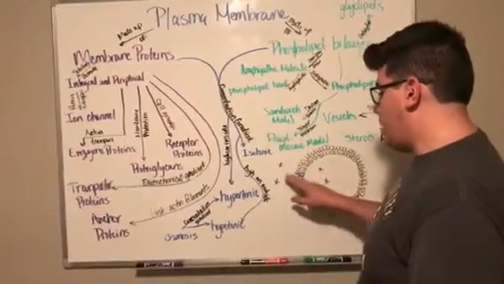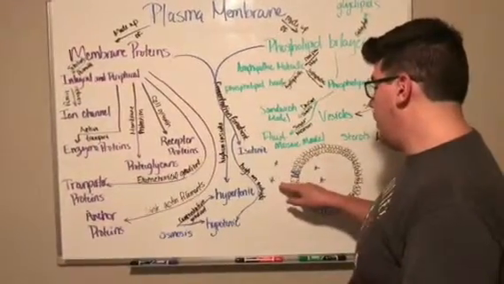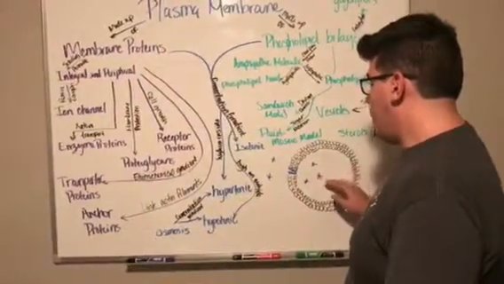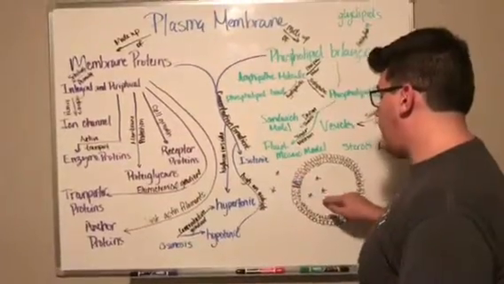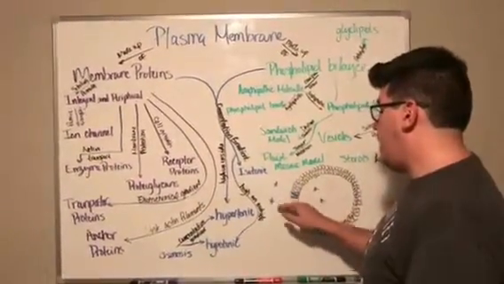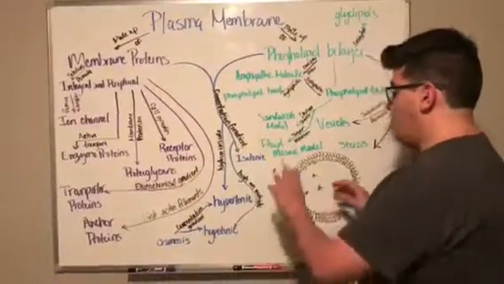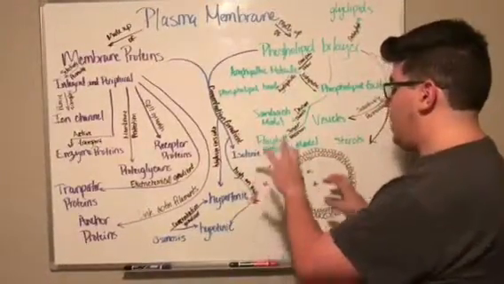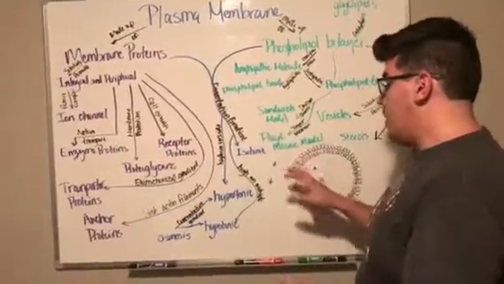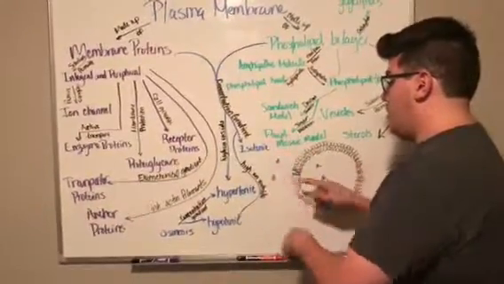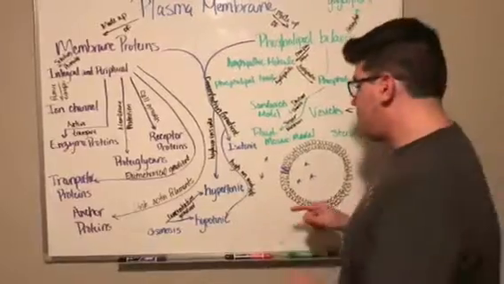For example, if there's less here, the water will flow into here, and some of the molecules will flow out here to stabilize the environment, which brings us to isotonic, where there is a stable concentration of a solvent in a solution on both sides of the cell membrane.